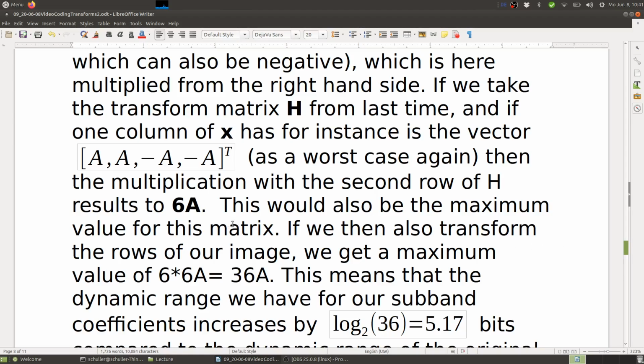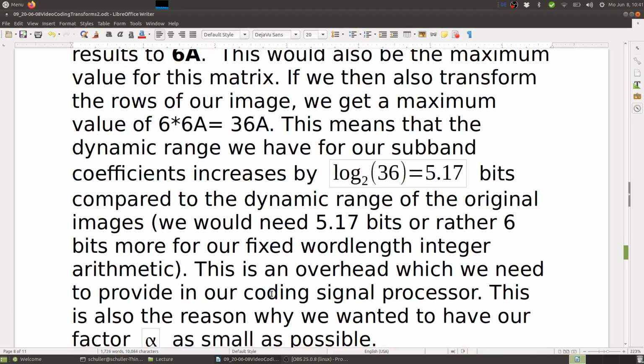Yeah, so this is the maximum for this matrix. If we then also transform the rows of our image, we get a maximum value of 6 times 6 times A, so another factor of 6. So then we get 36A. This means that the dynamic range we have for our subband coefficients is increased by log base 2 of 36, which is 5.17 bits.